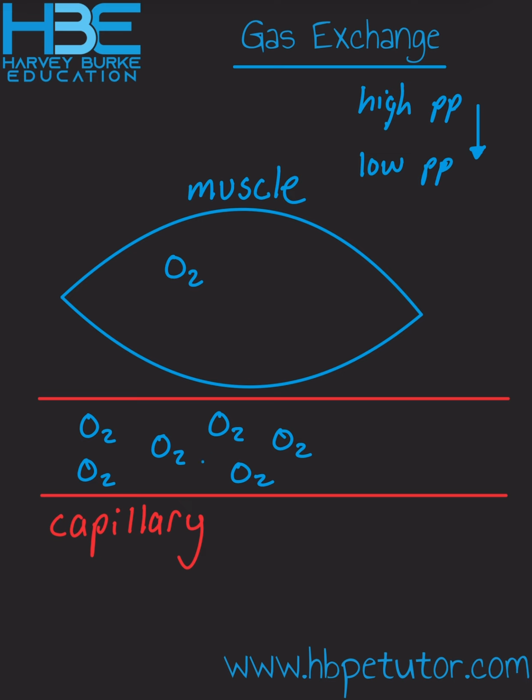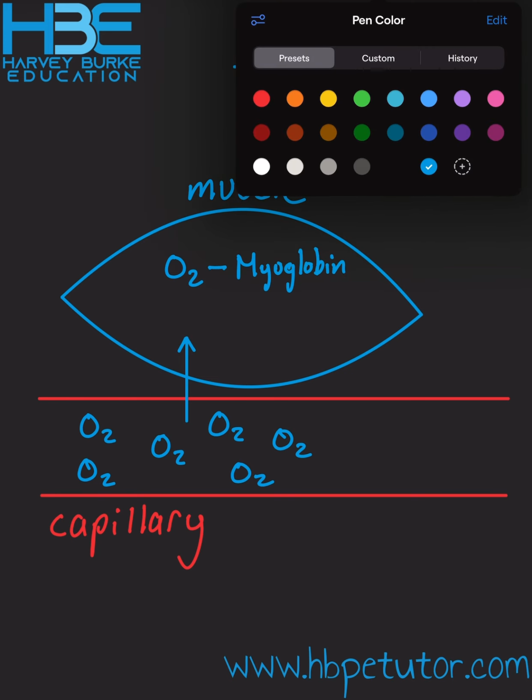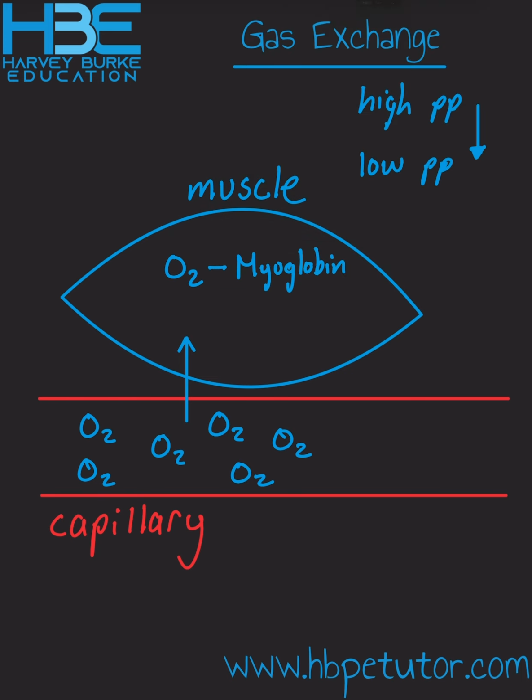So therefore, you'd say that there's a high partial pressure of oxygen in the capillary, there's a low partial pressure of oxygen in the muscle, and therefore oxygen diffuses from the capillary into the muscle. And then if you wanted to be even more specific, you could say it then binds with myoglobin in the muscle.